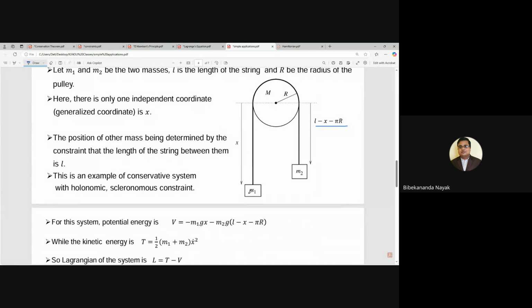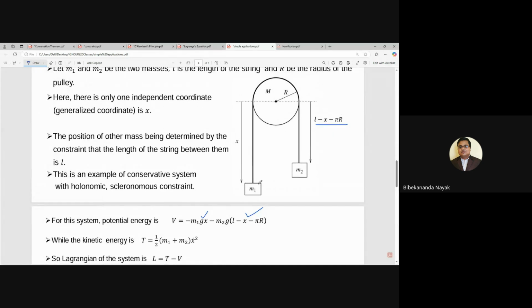We take minus m1 g x, because when the two masses are here, it is in equilibrium, so the equilibrium potential zero is here. Same formula mgh: minus m1 g x, and for m2, minus m2 g (L minus x minus pi R). The only difference is the minus sign, because the potential zero lies here.